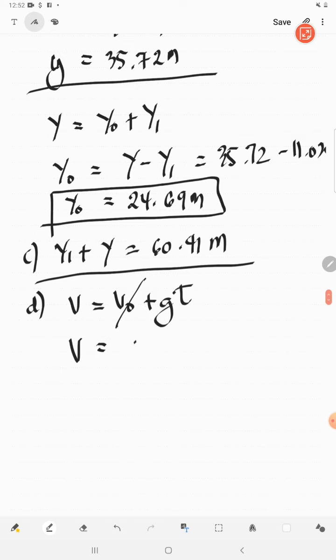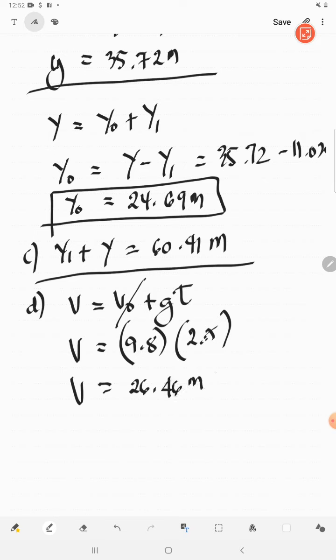So v equals g, 9.8, times t, which is 2.7. So v equals 9.8 times 2.7 equals 26.46 meters per second.